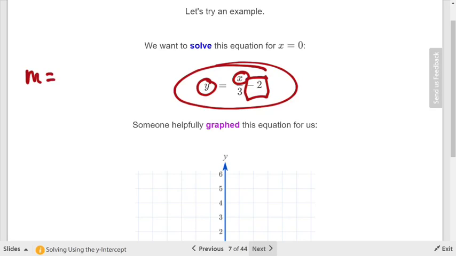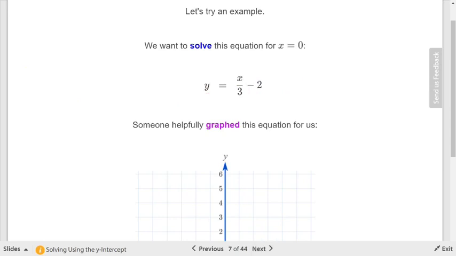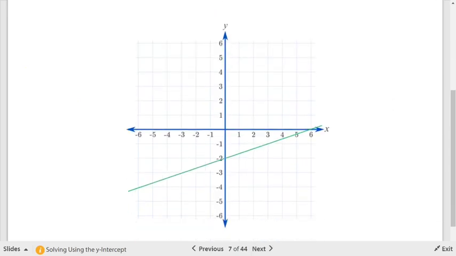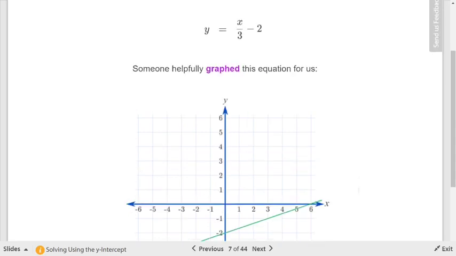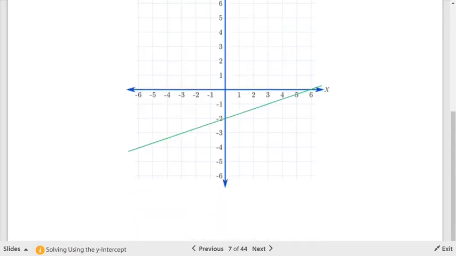So we could find our slope, and we could find our y-intercept and draw the line, but we don't have to because they've already done it for us. Okay? So we could have drawn the line, and later we will, but here they've already drawn the line for us. And so we can use that line to answer questions about it.